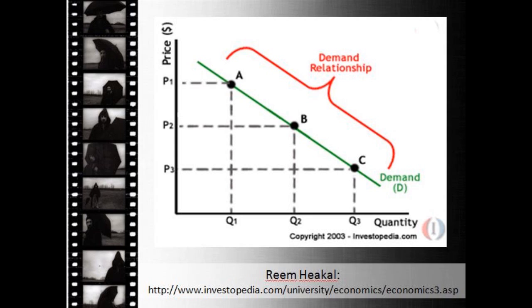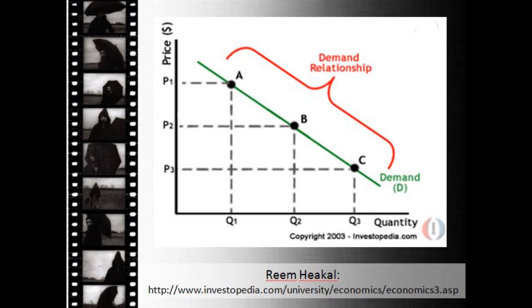Each point on the curve reflects a direct correlation between quantity demanded, or Q, and price, or P. So, at point A, the quantity demanded will be Q1 and the price will be P1, and so on.